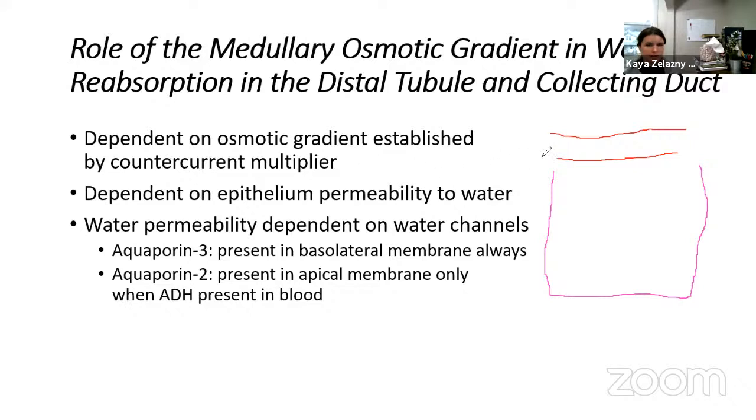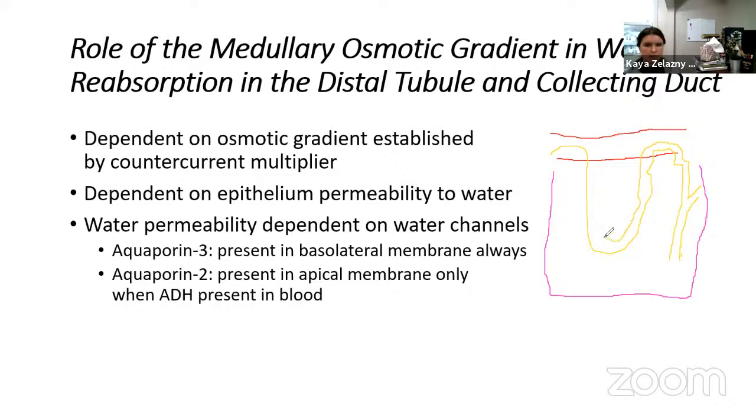When we're following our nephron, we have our proximal tubule, we have our loop of Henle, we're coming back up towards the cortex for the distal tubule, go a little bit into the medulla, and then into a collecting duct. Collecting duct is receiving urine from several different distal tubules.